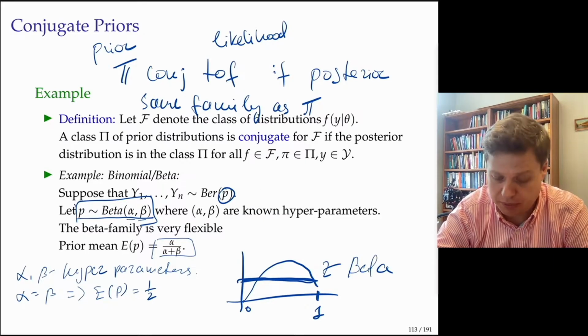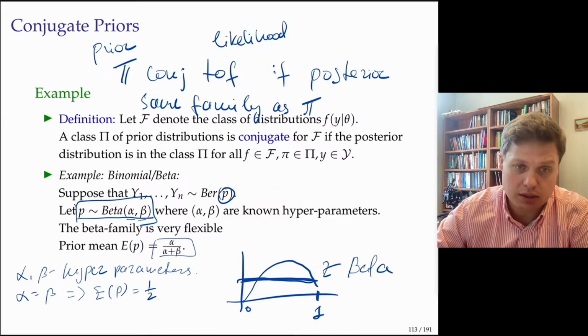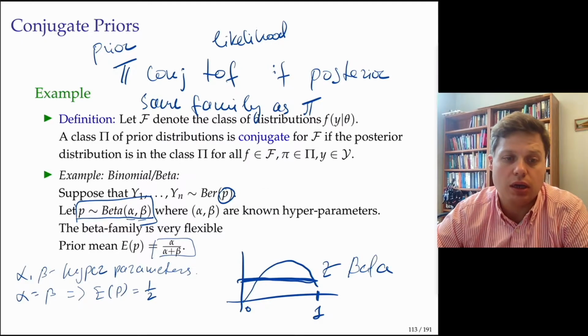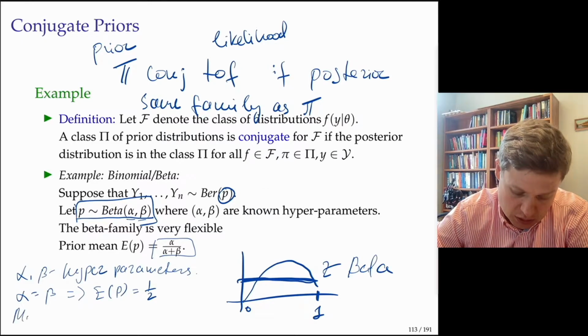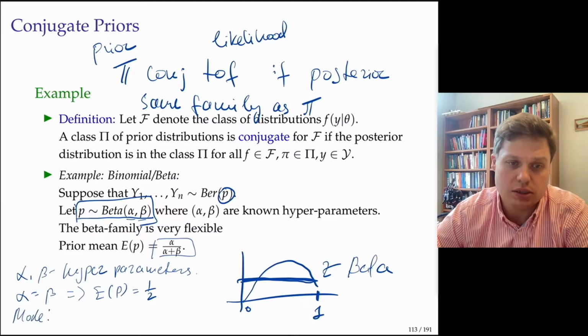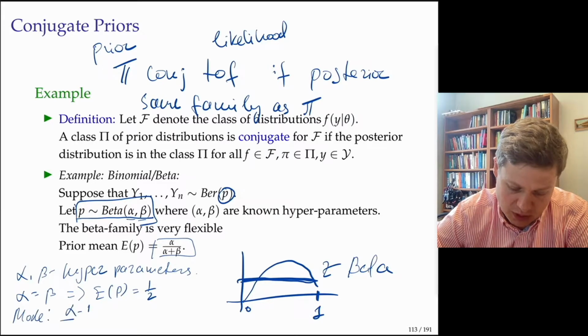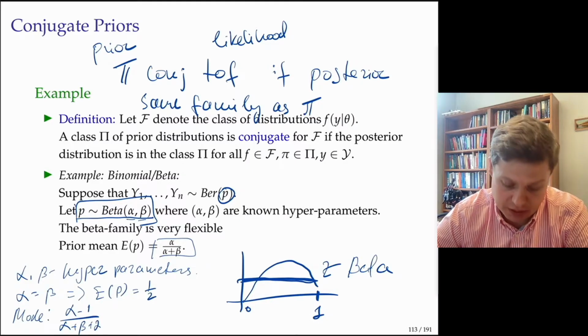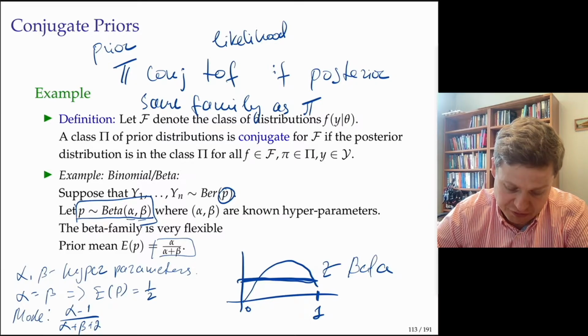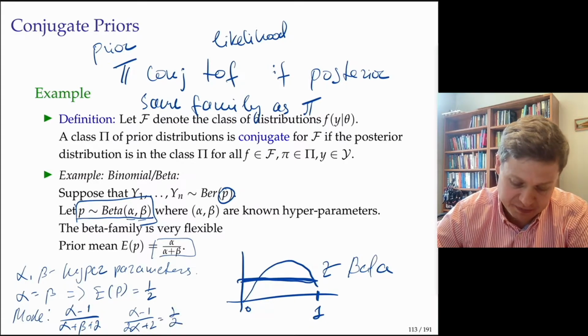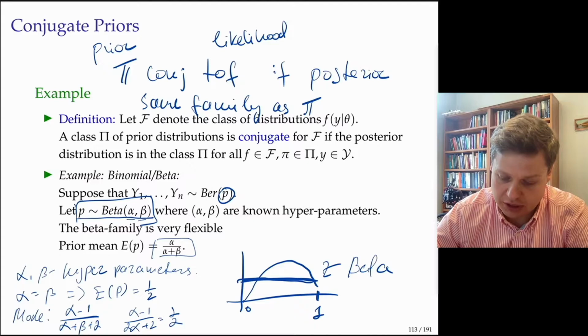A couple more things to keep in mind. One thing is the mode of the distribution. The mode is given by alpha minus 1 divided by alpha plus beta minus 2. Again, if alpha and beta are equal to each other, you have 1/2.